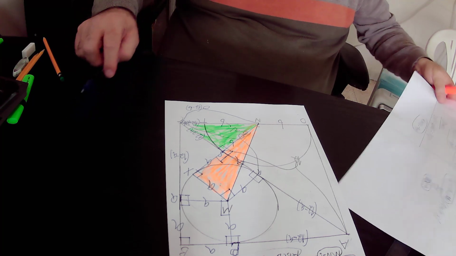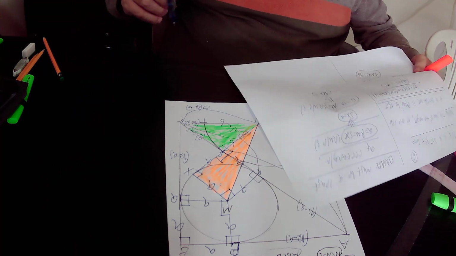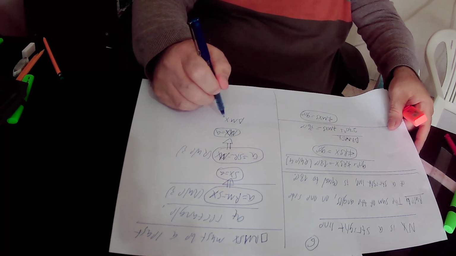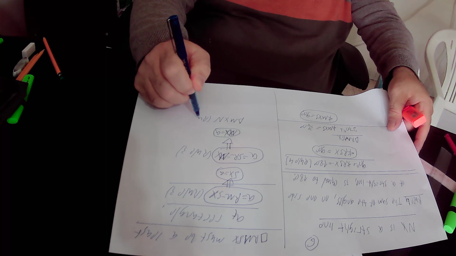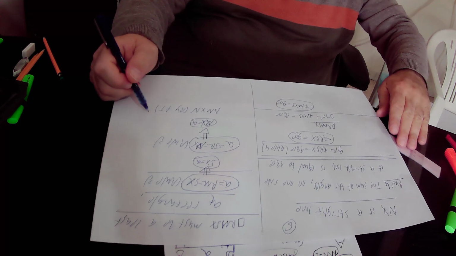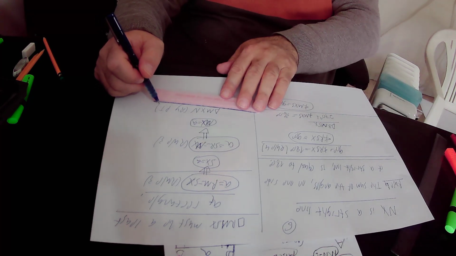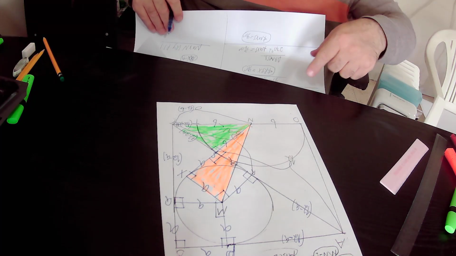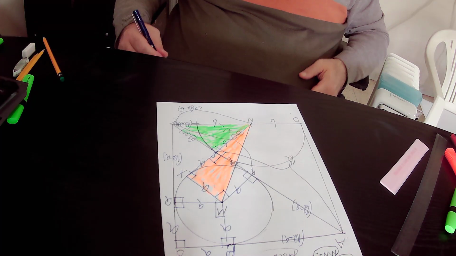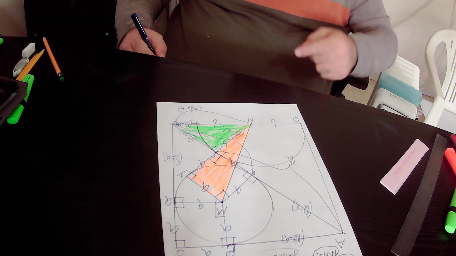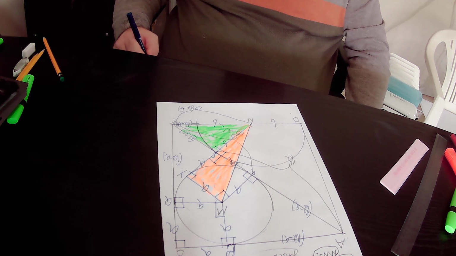So, in the orange right triangle, triangle MXN, according to the Pythagoras theorem, we will get that the square of the hypotenuse, which is MN, so MN square, must be equal to the sum of the squares of the perpendiculars.